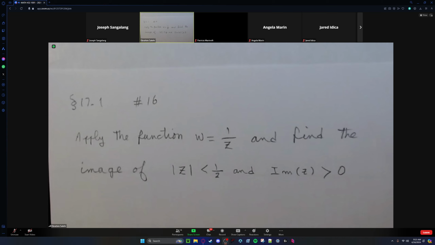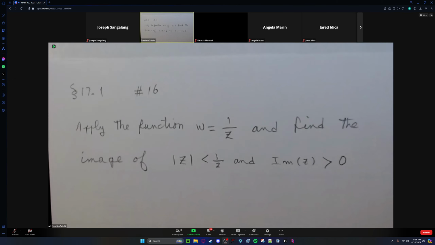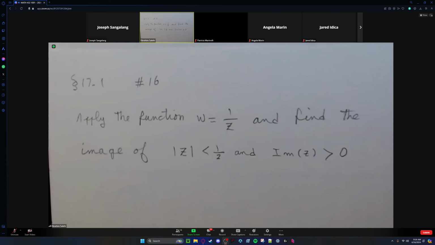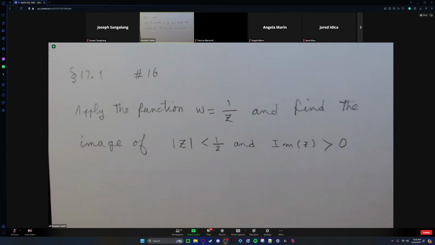Well, it is the reciprocal function. We want to apply the reciprocal function. Remember, the reciprocal function is a combination of inversion with respect to the unit circle and conjugation. So before doing this problem completely, you always need to, of course, know the basics.